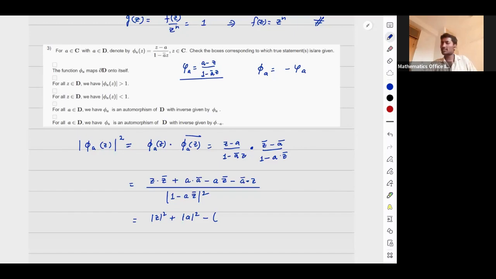Real part of z, right? 2 into real part of z. So we write like this: 2 into real part of a bar z or a z bar. Okay, just like that, and divided by modulus of 1 minus a into z bar, whole squared.